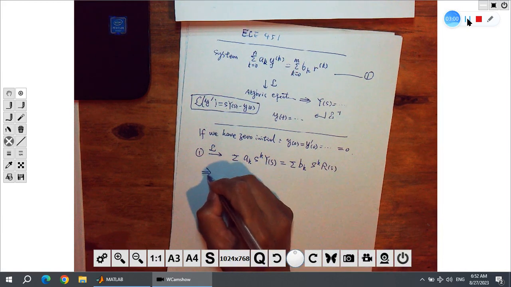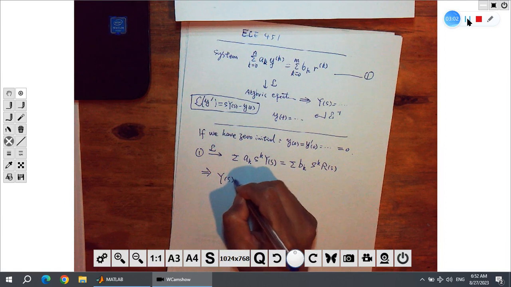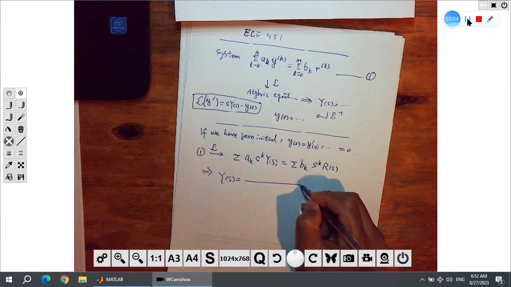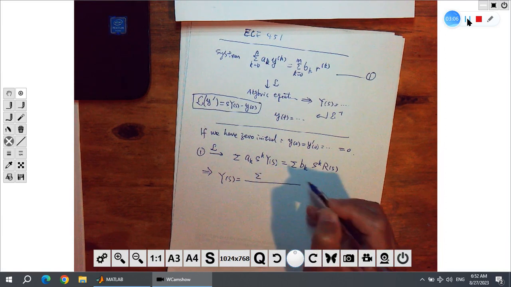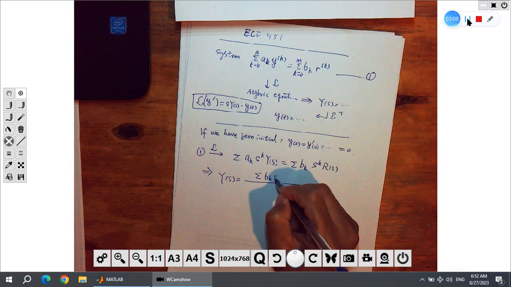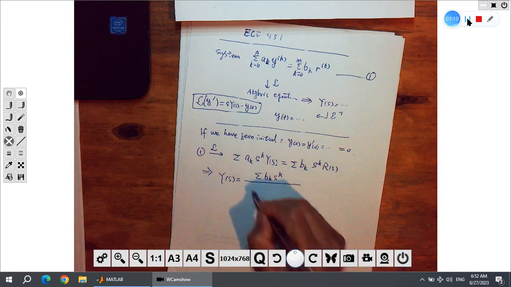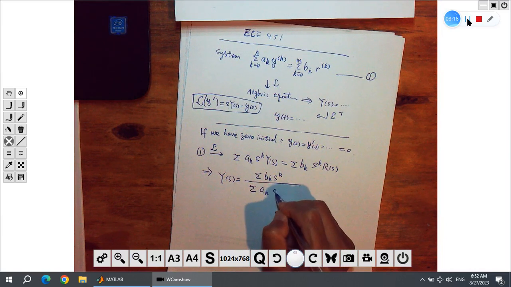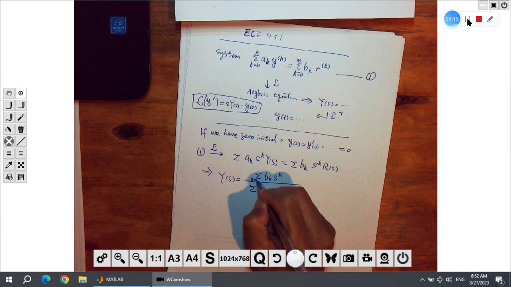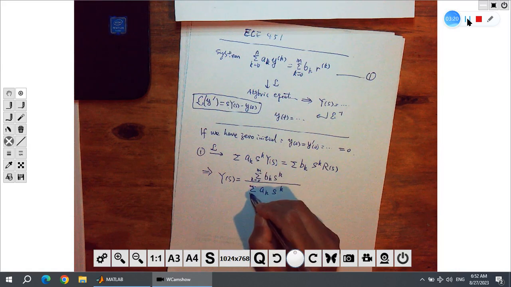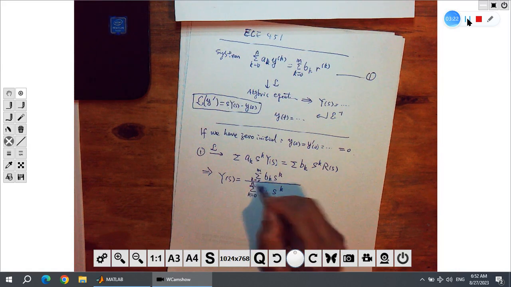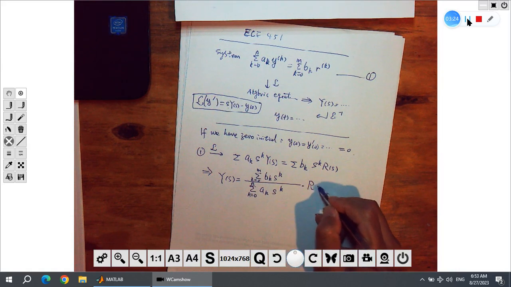So we can have Y of s equal to the summation of all these b_k s to the k terms, and the denominator is this part, summation of a_k s to the k, where k runs from 0 to n in the denominator and from 0 to m in the numerator, then times R of s.